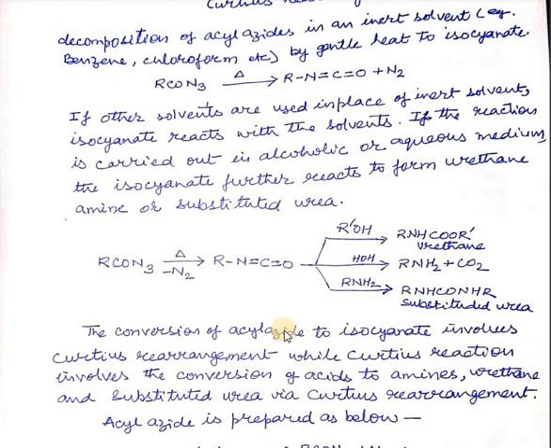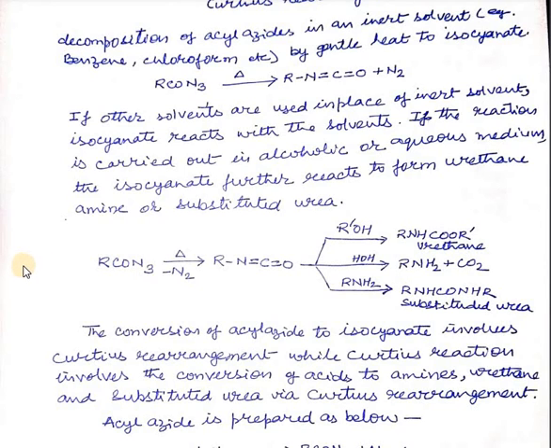So the conversion of the acyl azide to isocyanate involves Curtius rearrangement, while the Curtius reaction involves the conversion of acid to amine, urethane and substituted urea via Curtius rearrangement. So this is the difference. This is acid azide, and this will be obtained from some acid itself.